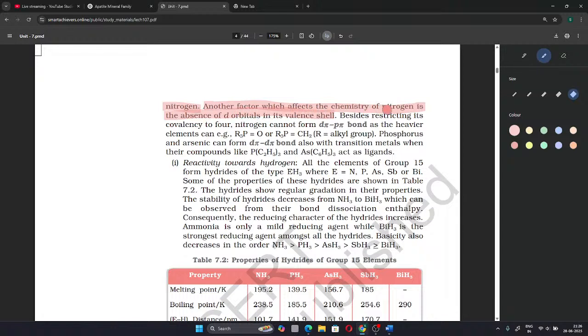Another factor which affects the chemistry of nitrogen is the absence of d orbitals in its valence shell. Oh yes, this is the second anomalous factor.